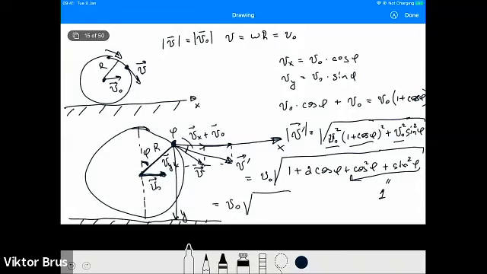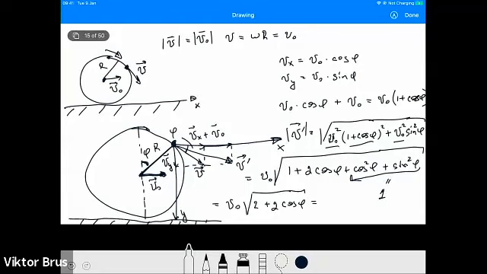Okay, so this is equal to unity, and that's why we have v naught square root of 1 plus 1, then it will be 2. So we can already write 2 plus 2 cosine phi.